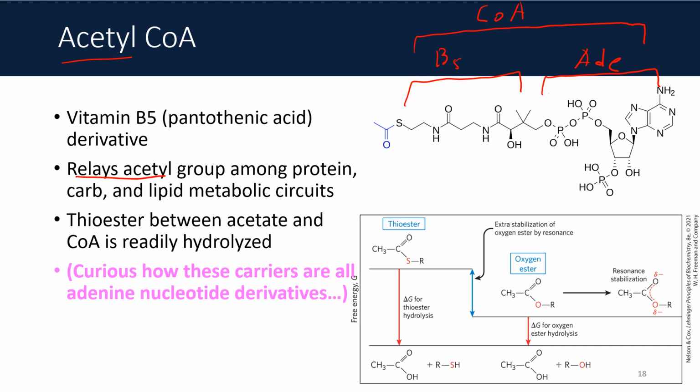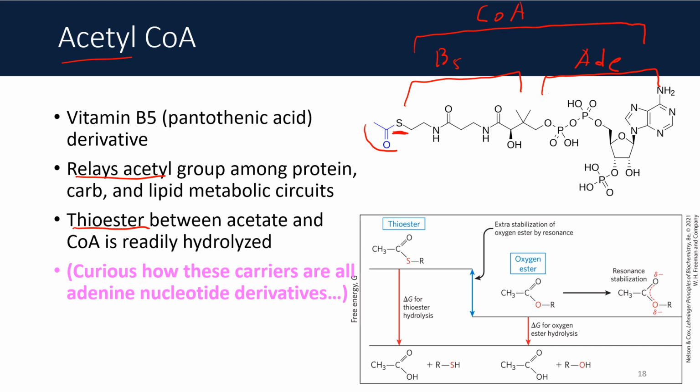The way that coenzyme A can achieve this is through its thiol group at the business end of the pantothenate moiety. Thiols can readily form thioesters between the pantothenate and important metabolites such as acetyl groups, which is shown in blue over here.